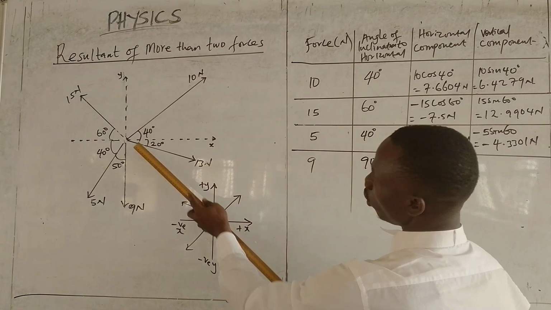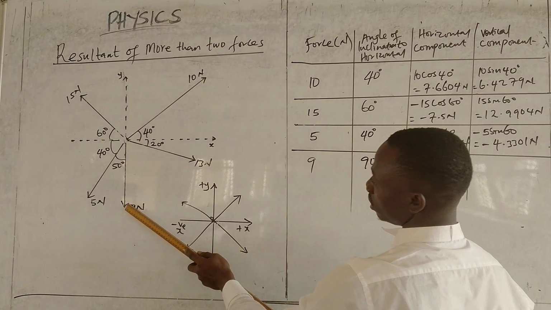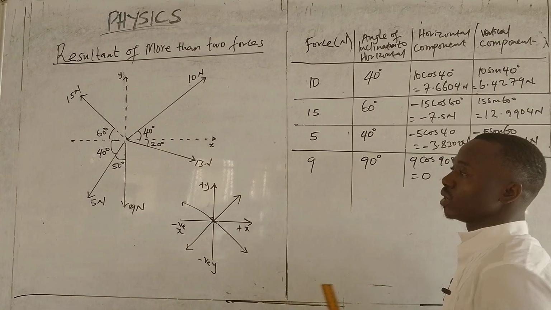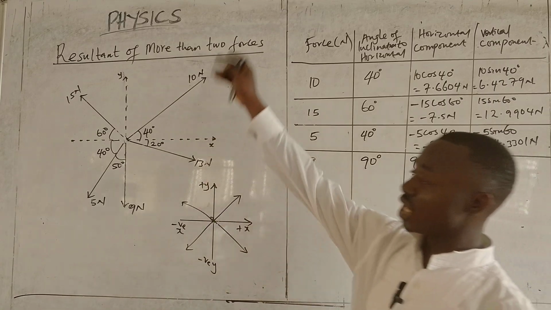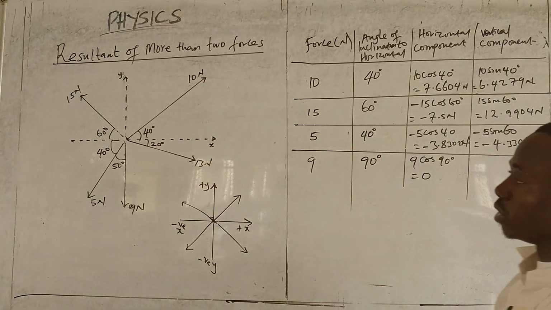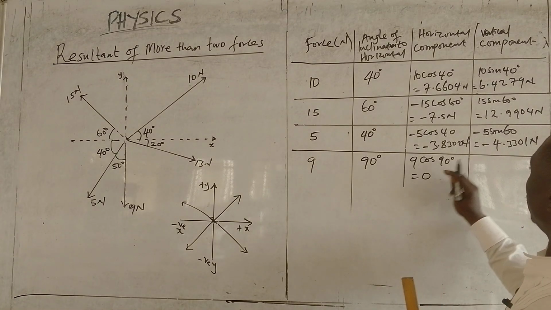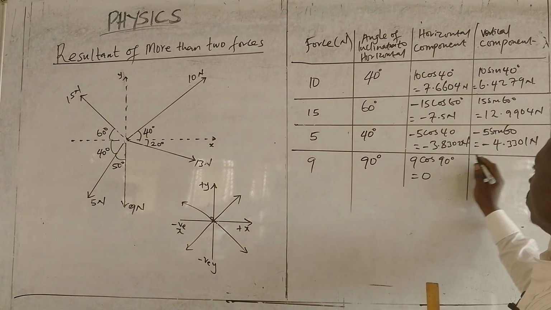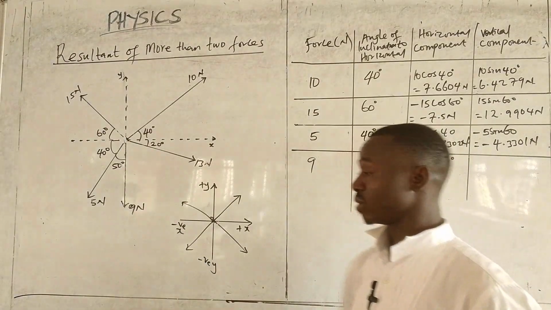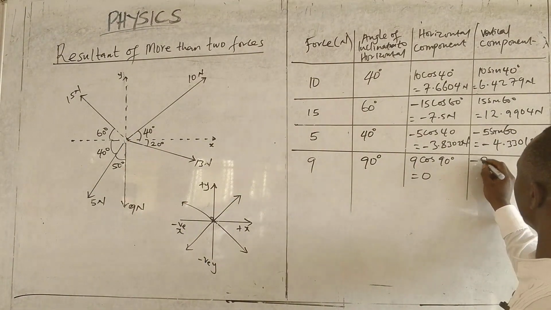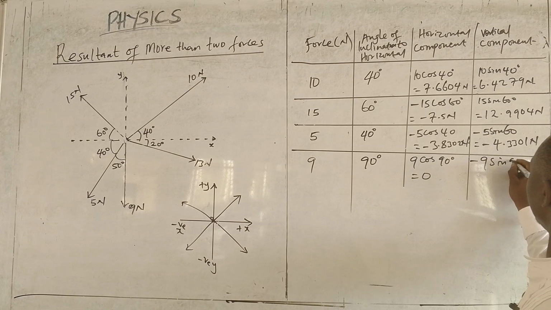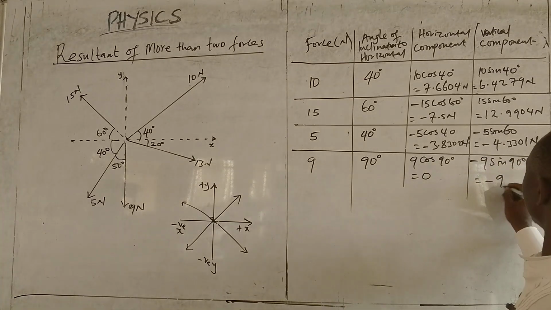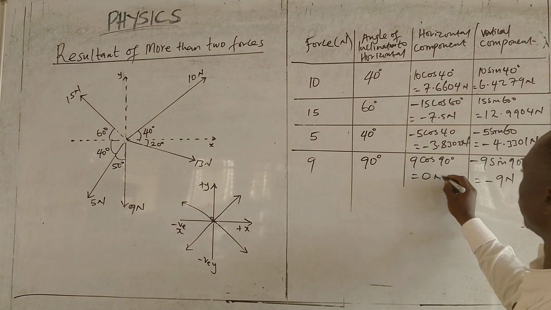So the 9 Newton's effect is totally downward, which is vertical. Then the vertical component, since it's going down, is negative. That's minus 9 sine 90 degree, which is minus 9 Newton. Okay.